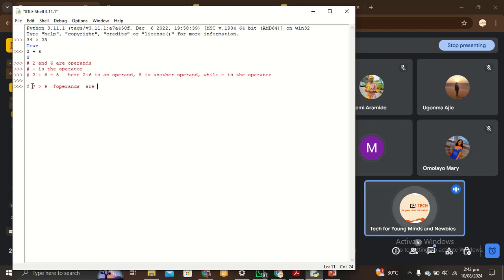Is greater than the operand or the operator? So what are the operands? 7 and 9. Yes, 7 and 9 are the operands, and greater than is the operator.